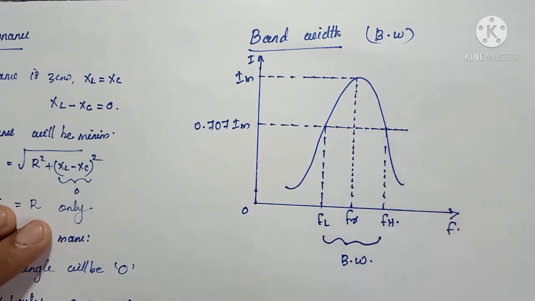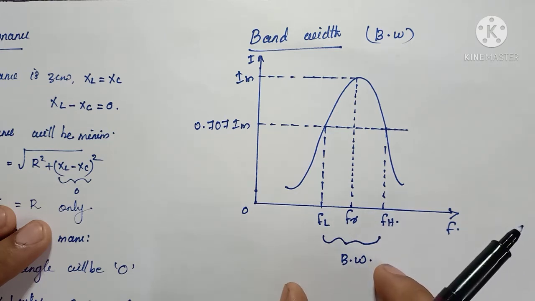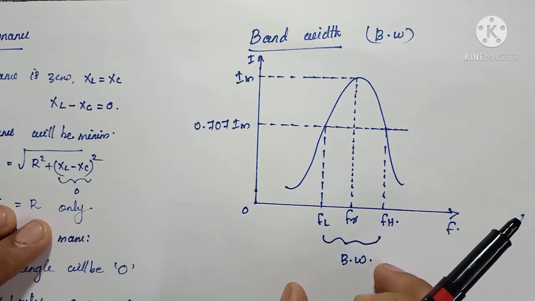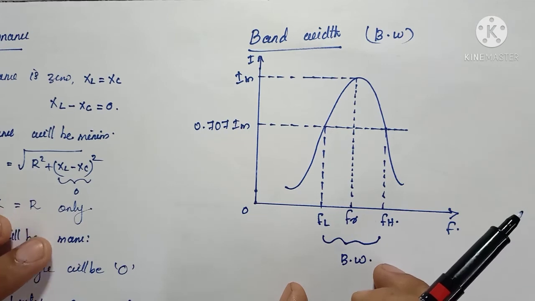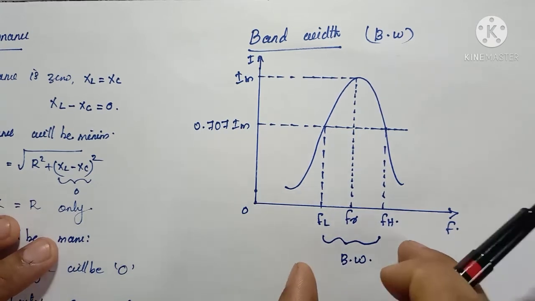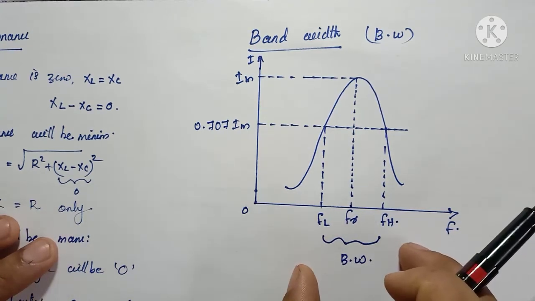Between the lower cutoff and upper cutoff frequencies, the circuit can receive or accept the signals, and that range of frequency is called bandwidth.